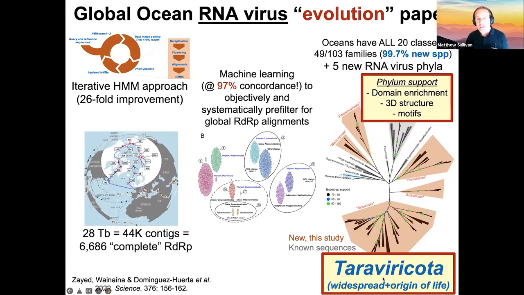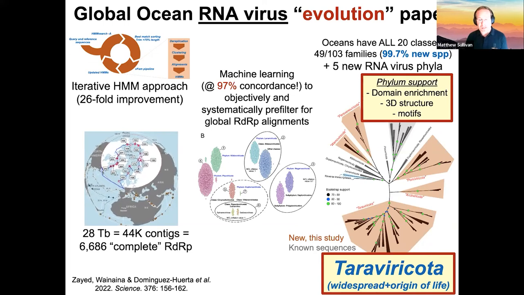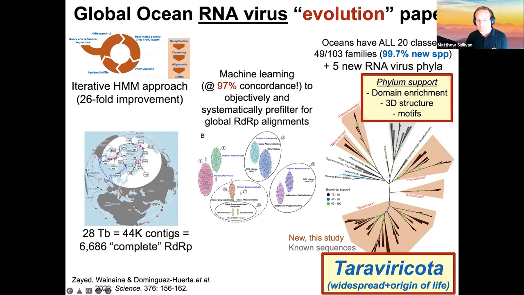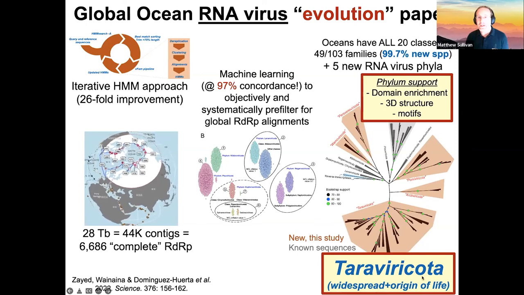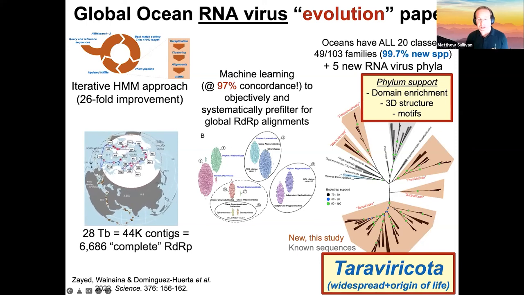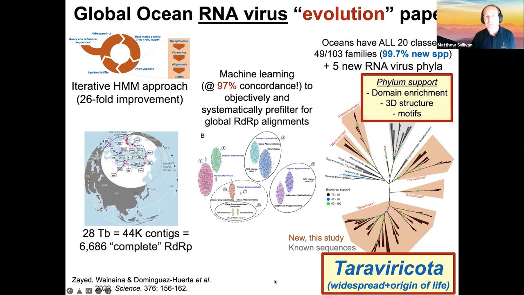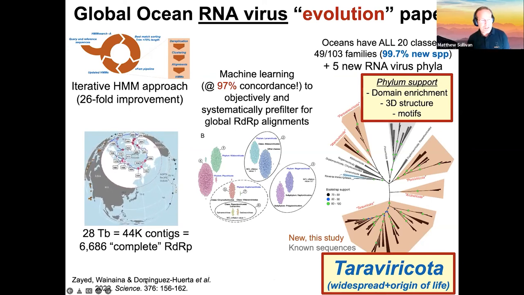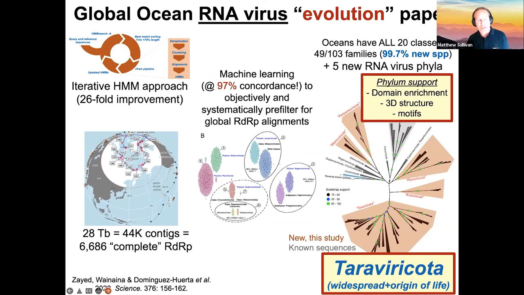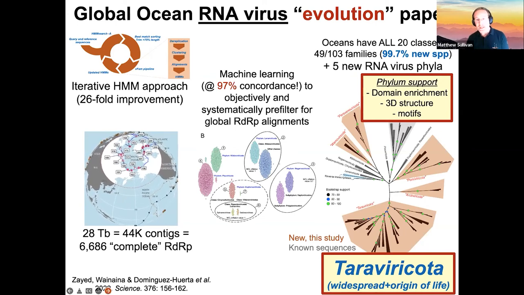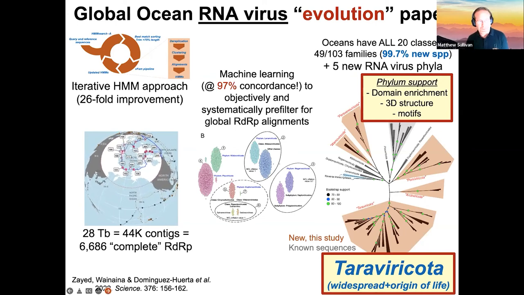And not only were they widespread across the Tara Oceans data sets, but they also, when you look at their early branching evolutionary traits, they look like they're right at the origin of life. So maybe the missing link between a capsidless and a capsid containing nucleic acid. So a really exciting early evolutionary story.